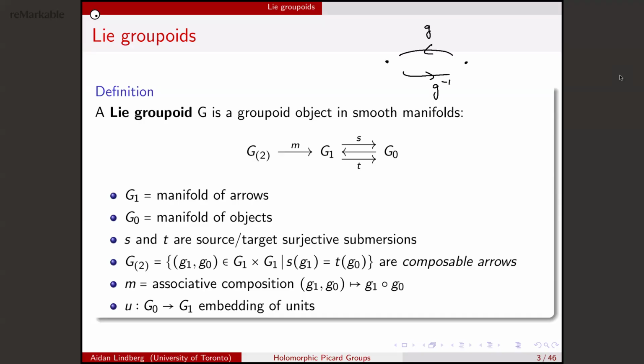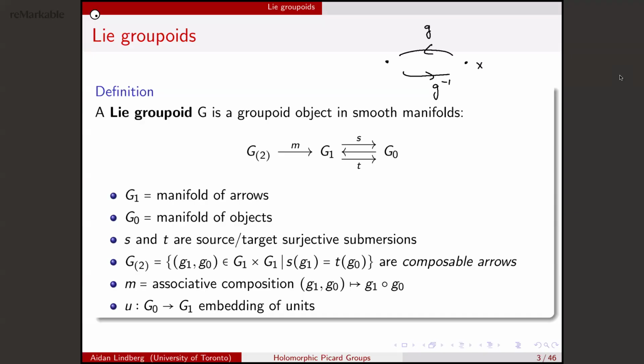What that means is that we have a manifold of arrows. The arrows of the category form a manifold. The objects of the category also form a manifold. And there's two maps from the arrows to the objects, which take an arrow and send it to the source of the arrow.